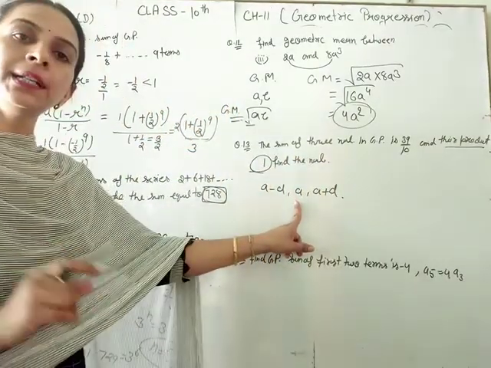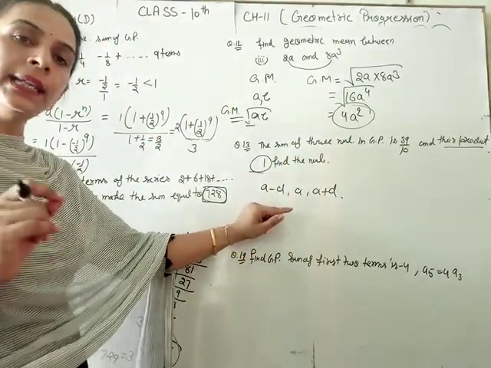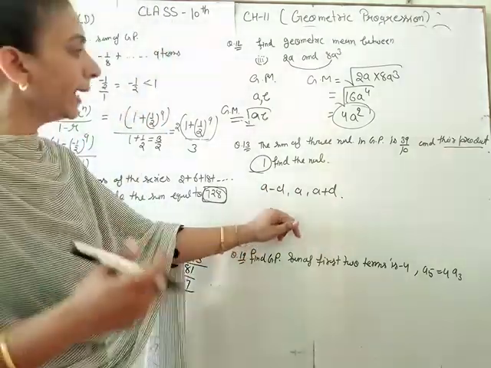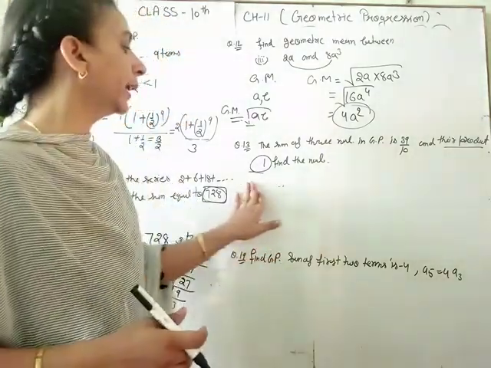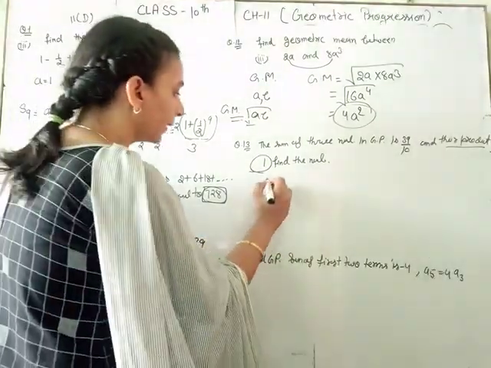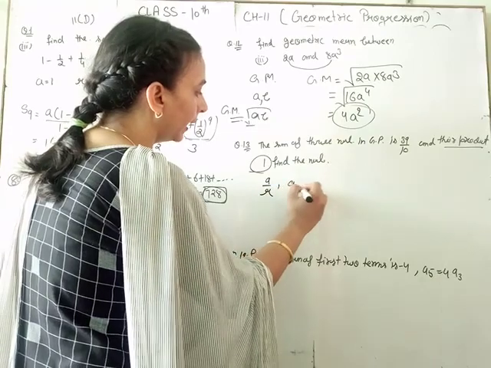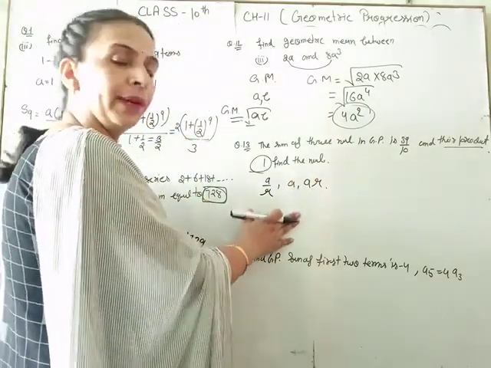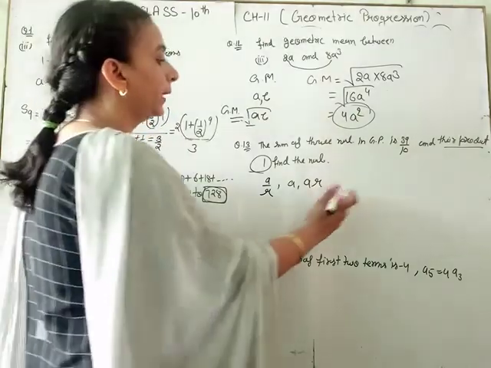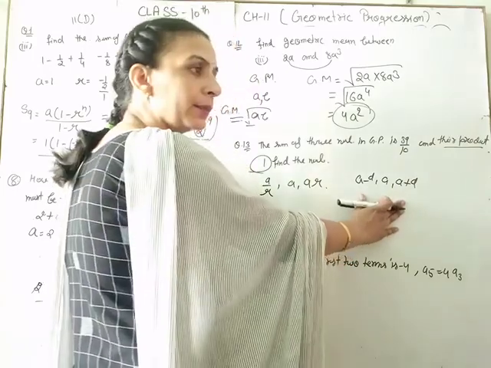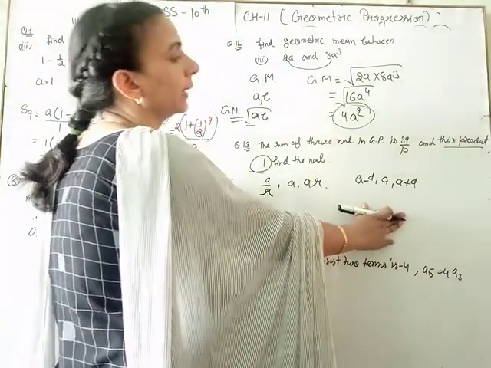If the product of three terms of a GP is given, then we take a by r, a and ar. These are the three terms of a GP when the product is given, and we take a minus d, a, a plus d as the three terms of an AP when the sum is given.